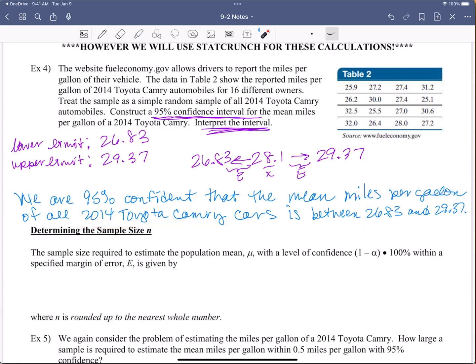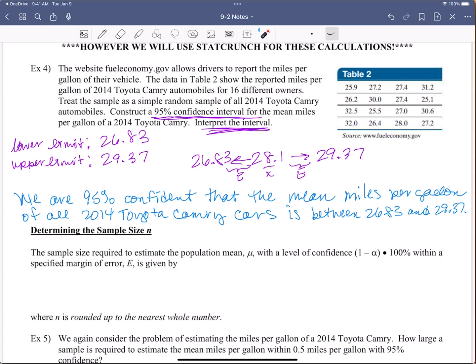So we're 95% confident that our actual parameter is going to be in this interval. So we have our estimate, and then we have our margin of error based on that. All right, with that 95% confidence.